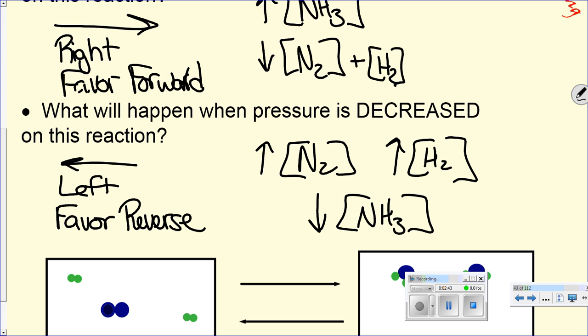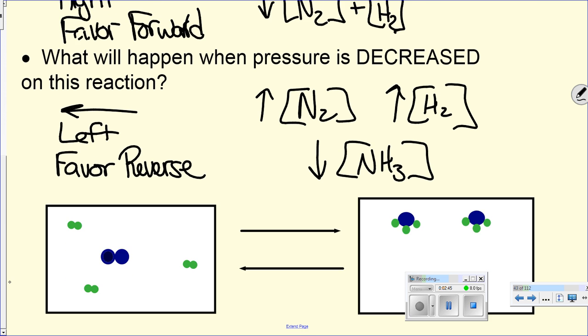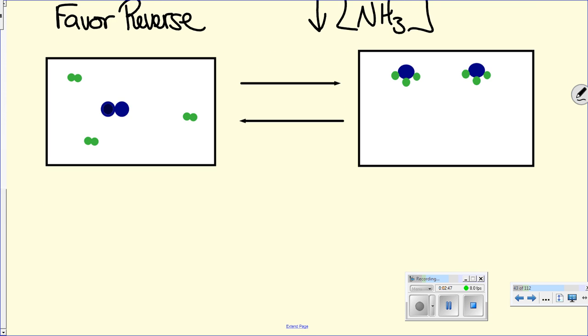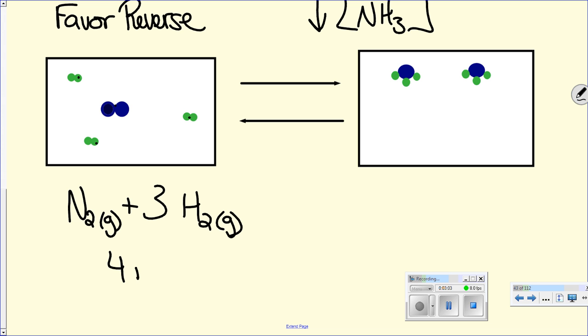So just to give you a little bit of a visual on what this looks like and why there are different moles on either side. In our reaction here, our blue is representing nitrogen. So we're starting with 1 mole of nitrogen gas and 3 moles of hydrogen gas. As you can see, this is 1, 2, 3, 4 different groupings of atoms. So that's our 4 moles of gas that we're talking about over here.